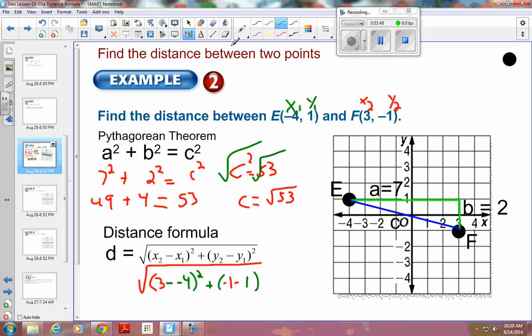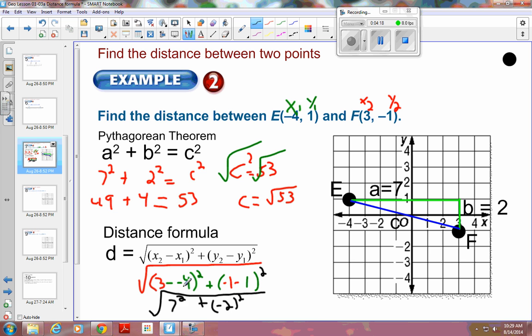Okay, now I need just to do the math here. So 3 minus a -4, so 3 plus 4 is 7 squared. And -1 minus 1 is a -2, and that's going to be squared. I forgot my little square right there. And I square root it, and you see we're exactly where we are right here, 7 squared plus 2 squared, and then I would have to square root to get rid of that square here.